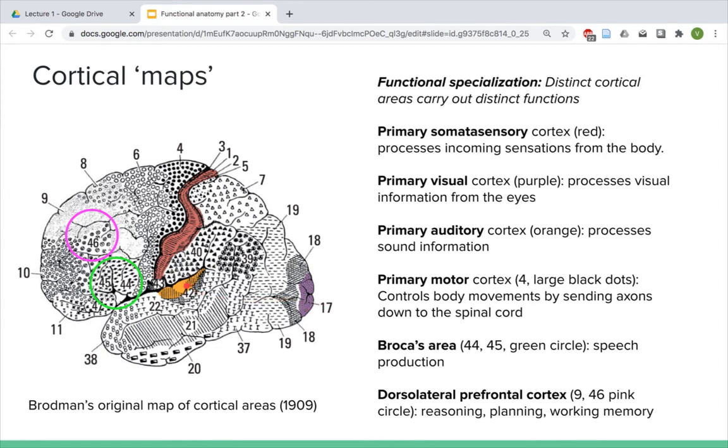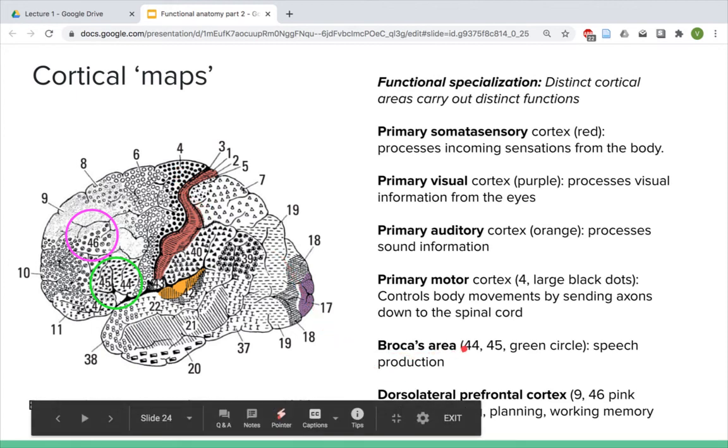For the auditory sensation, it's this area here in orange, area 42. Area 4, which is this area with these big black dots, is our primary motor cortex, just on the other side of the central sulcus. This is the part of the brain most responsible for controlling voluntary movement. Now, beyond these primary sensory motor areas, there are also some other areas that perform more complex functions, and I've just highlighted a couple of these here.